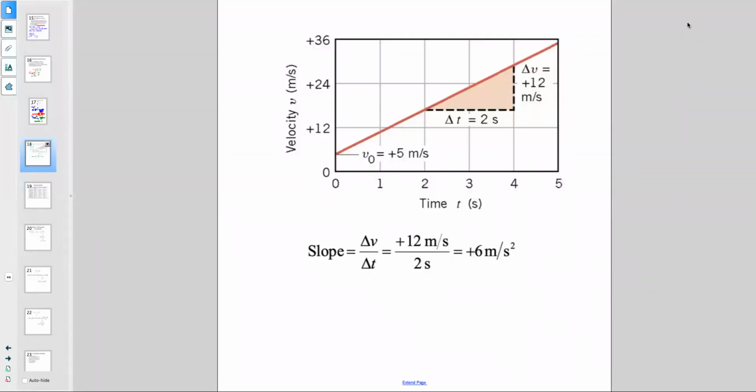Okay, so I have a velocity versus time graph, or VT graph, here. I want to find the average acceleration from this point to this point. The average acceleration is the slope.